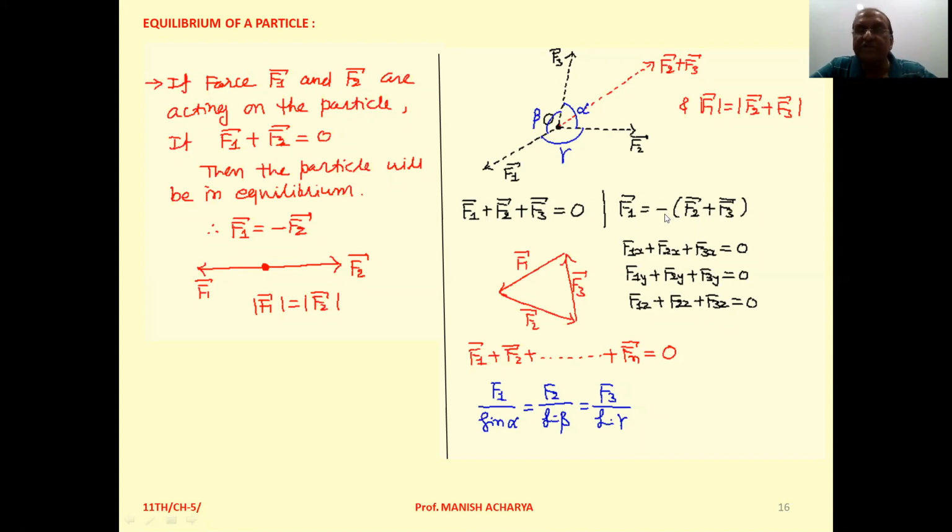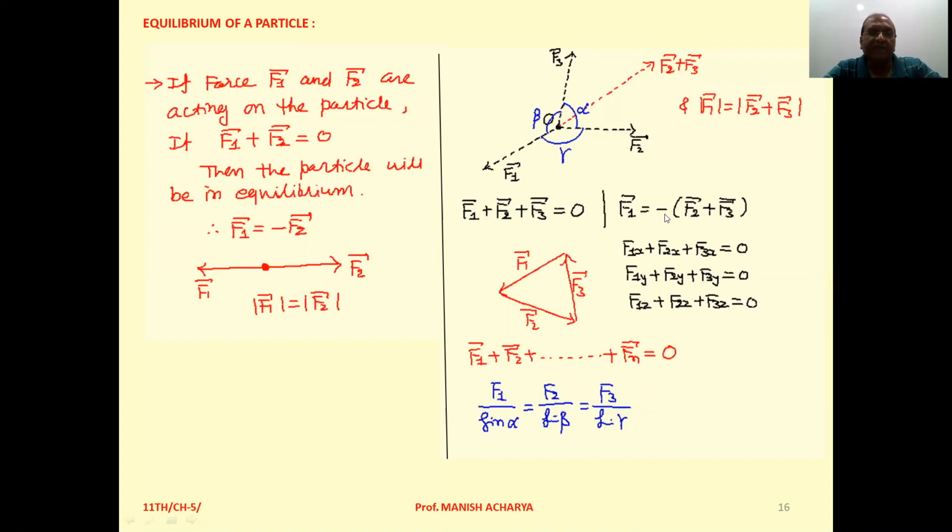Now if force is zero, then according to the equation F equal to ma, acceleration is also zero. That means a stationary object remains stationary and a moving object moves with constant velocity, because acceleration is 0. So if it is said that the particle is in equilibrium, it is immediately clear that either the particle is steady or it is moving with constant velocity.